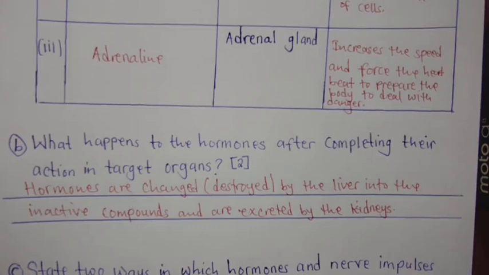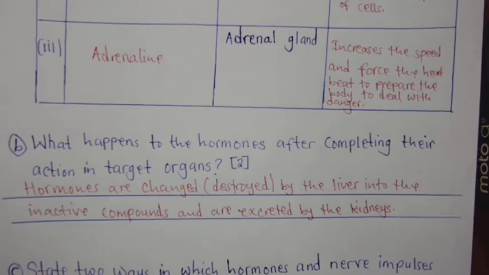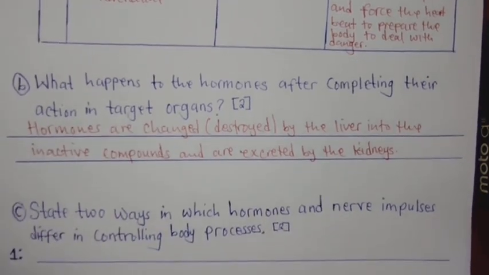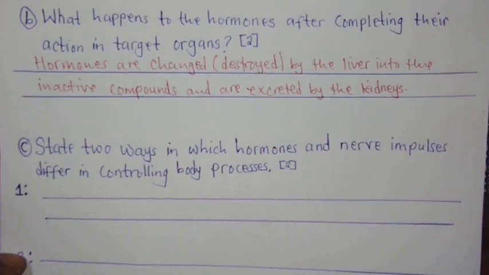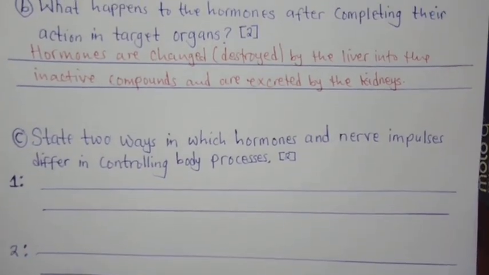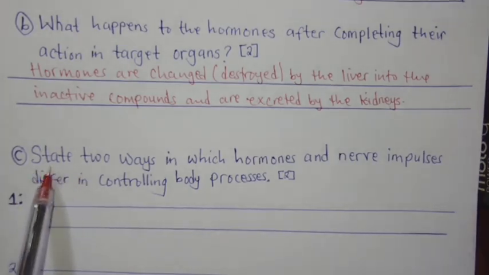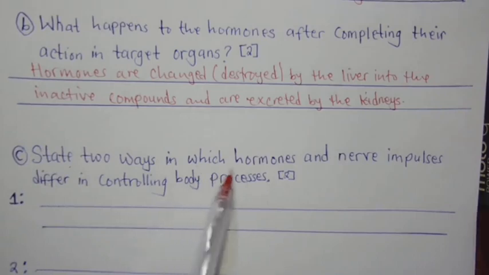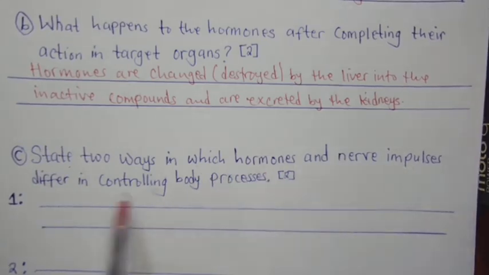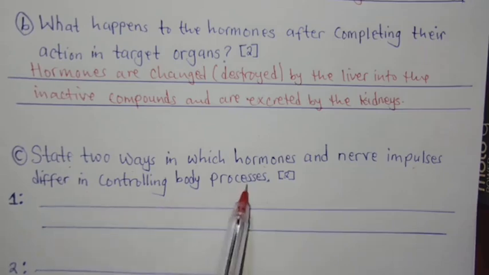Let us now move on to another question. Okay, so we now come to question C right here. So under question C, we have this question, which reads, state 2 ways in which hormones and nerve impulses differ in controlling body processes.